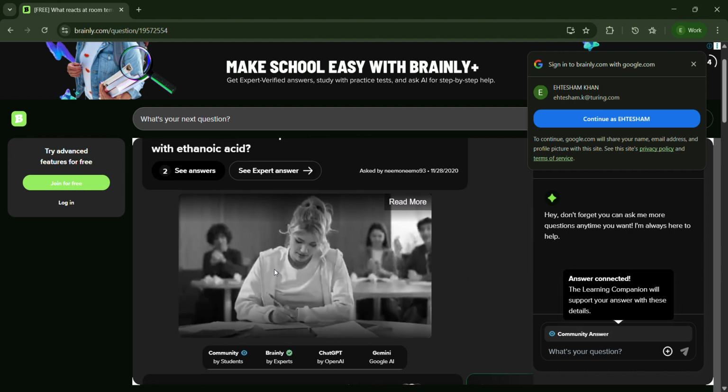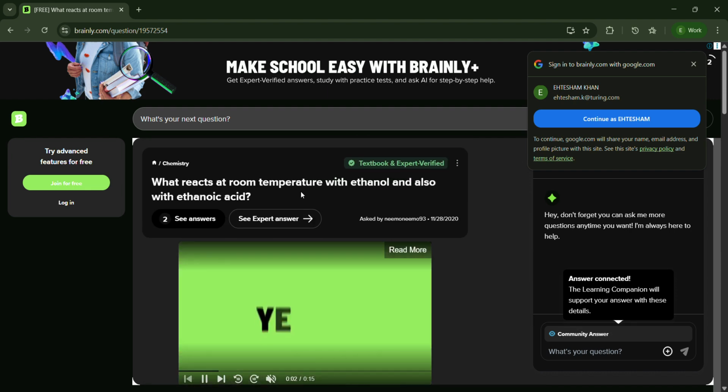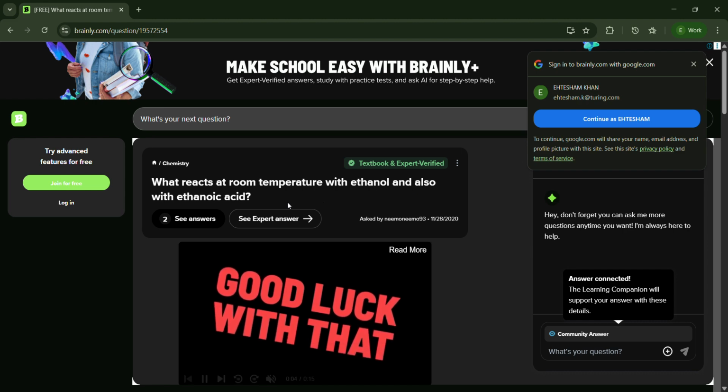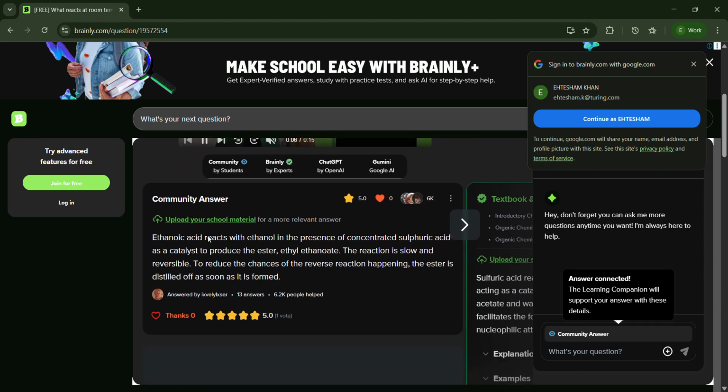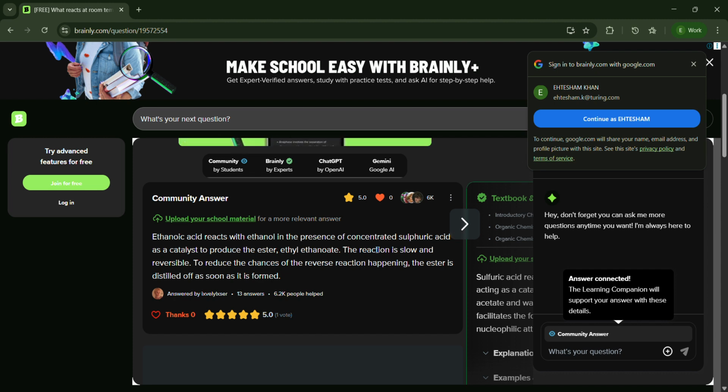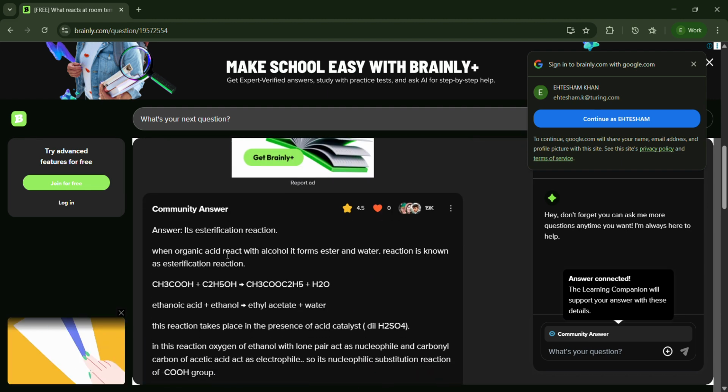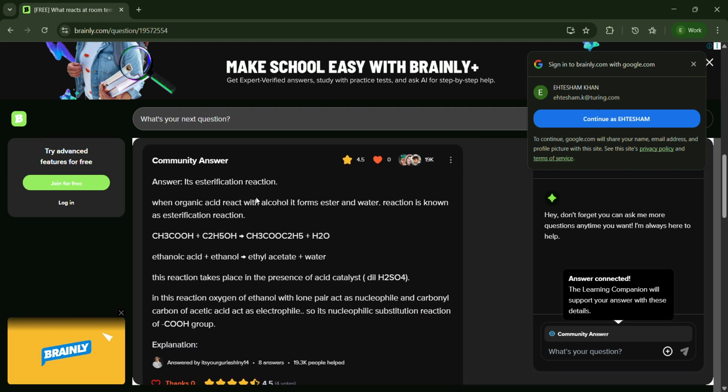Okay, so there is a modified question, which is what reacts at room temperature with ethanol and also with ethanoic acid. One response: ethanoic acid reacts with ethanol in the presence of concentrated sulfuric acid as a catalyst to produce the ester, ethyl ethanoate. The reaction is slow and reversible, so to reduce the chances of reversal, the ester is distilled off as soon as it is formed. Answer is esterification reaction.